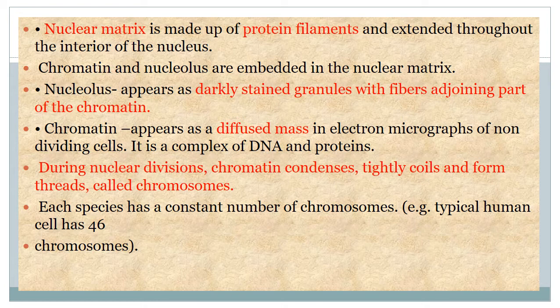Chromatin and nucleolus are embedded in the nuclear matrix. The nucleolus appears as darkly stained granules with fibers adjoining part of the chromatin. Chromatin appears as a diffuse mass in non-dividing cells, composed of DNA and proteins. During nuclear division, chromatin condenses, tightly coils and forms the chromosomes. All this I spoke to you about in the last slide.